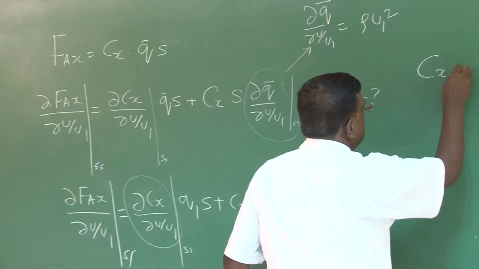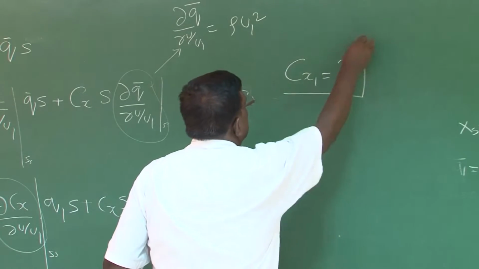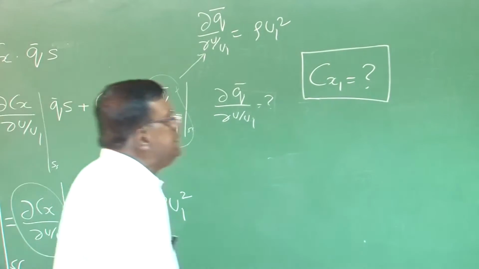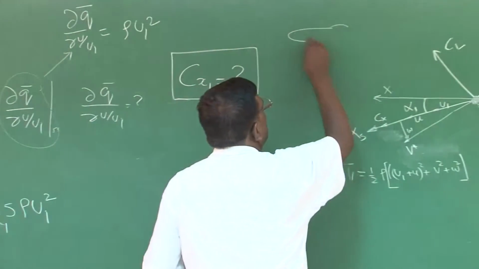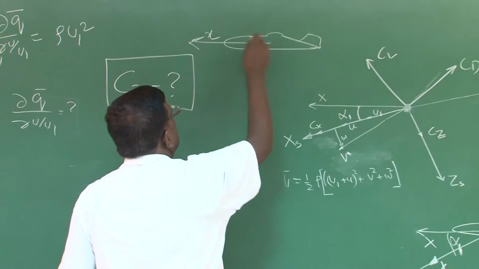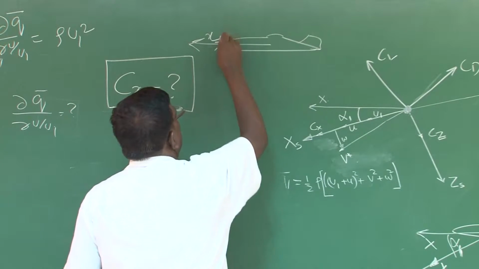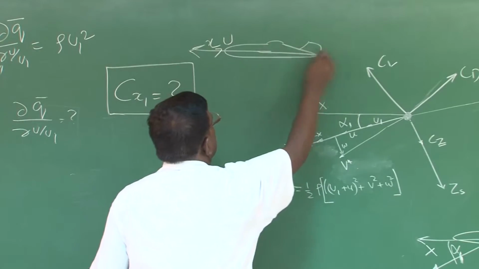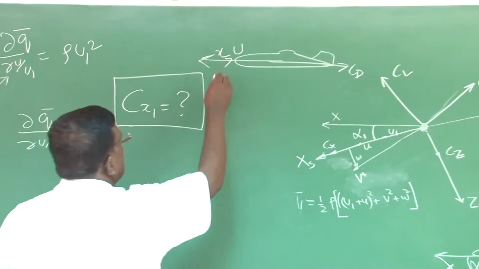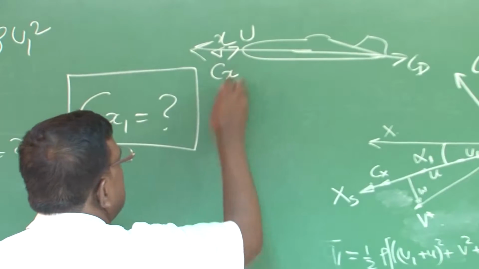That is the understanding. Right? What is Cx1? Let's see like this. Suppose this was x and the velocity was in this direction, then CD would have been like this. Cx is defined like this in this direction.